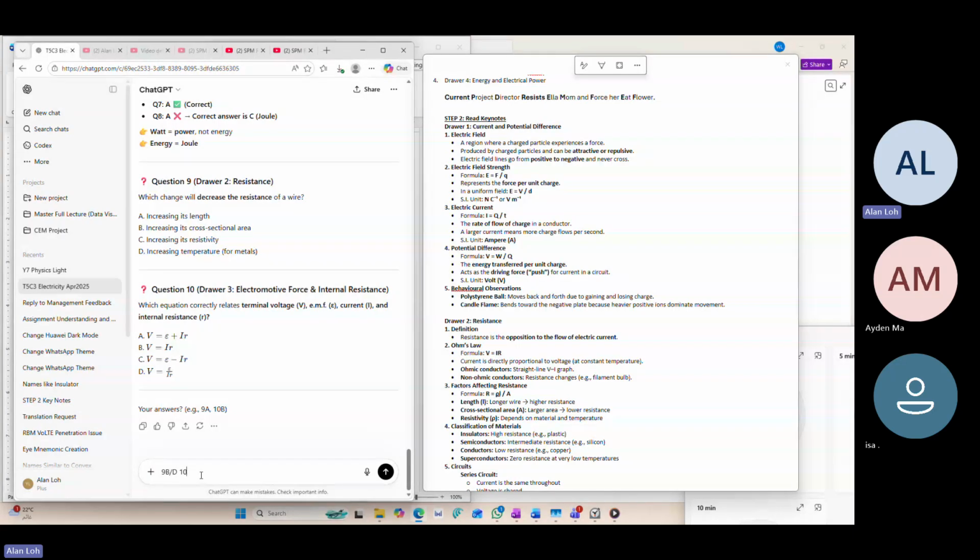Either A or C, you don't remember. All right, let me try to help you to remember. Which one is bigger? Voltage, terminal voltage, or EMF? EMF is the potential without calculating the internal resistance yet.